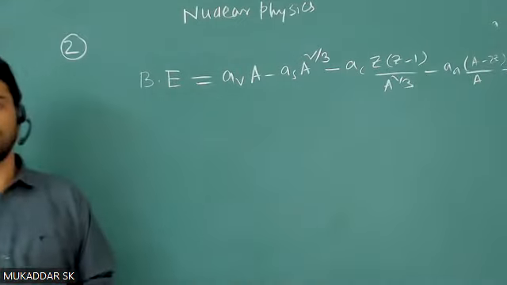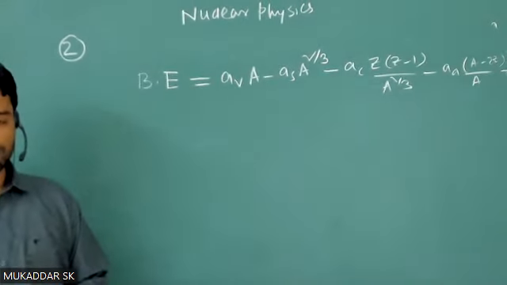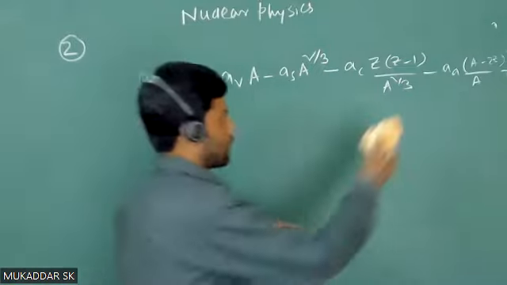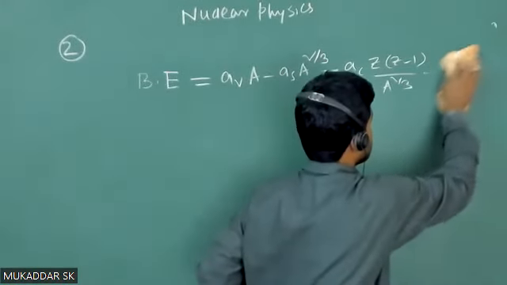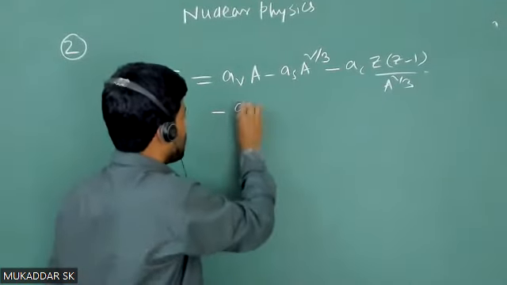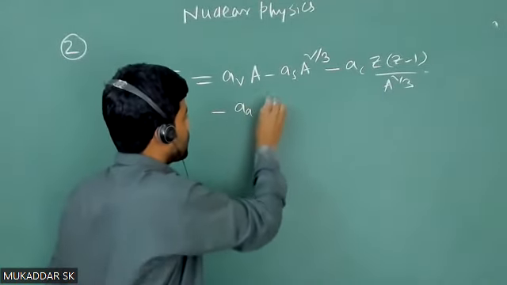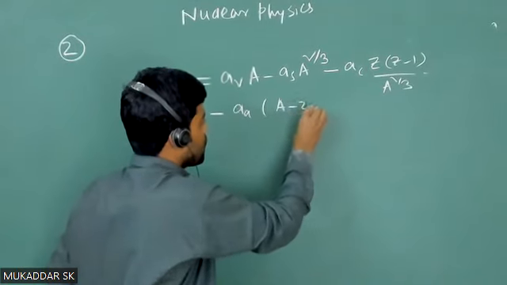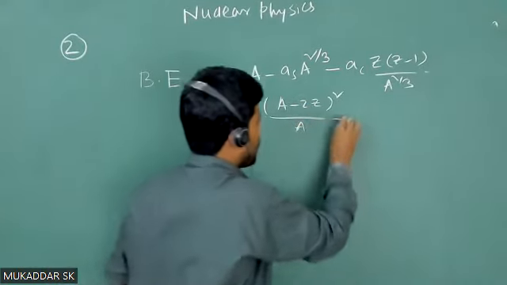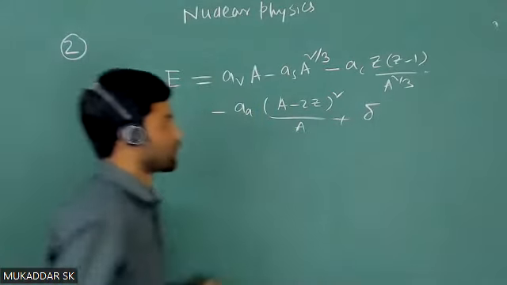That is they have provided you. है ना? नहीं दिख रहा है ना last term? You are not able to see this term, right? You have a last term, fourth term, that is asymmetric energy (A minus 2Z) square divided by A, and you have a delta term.